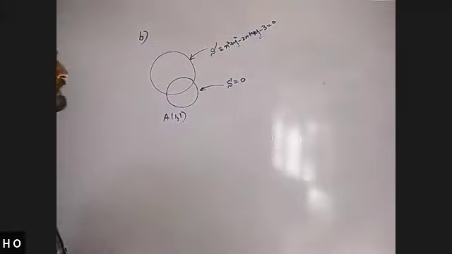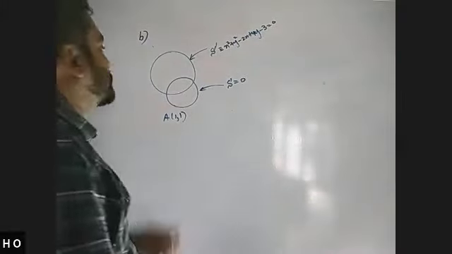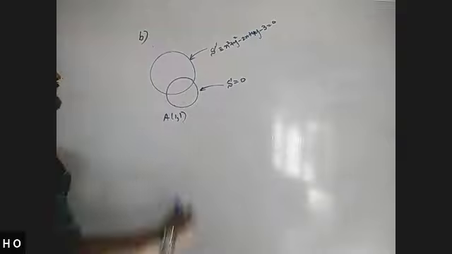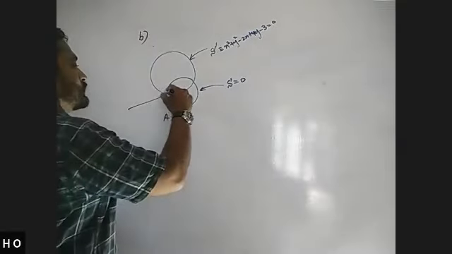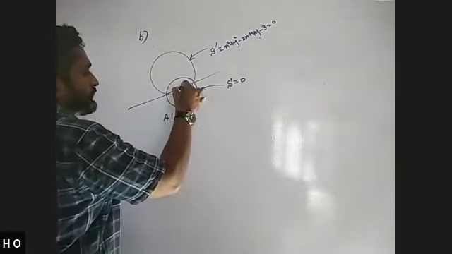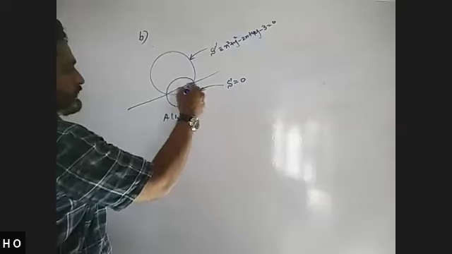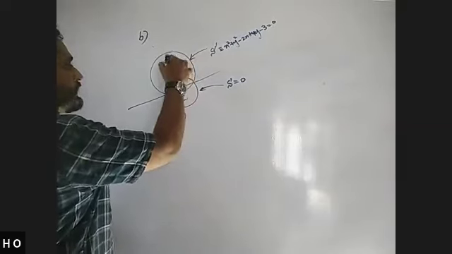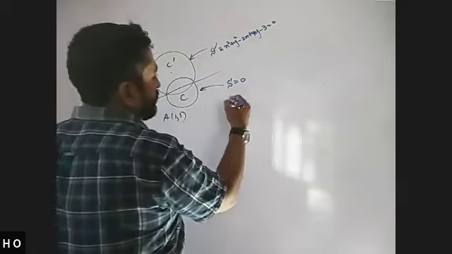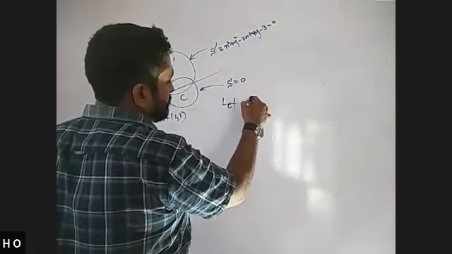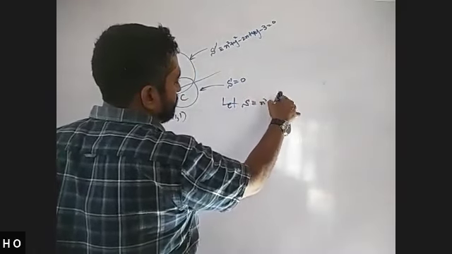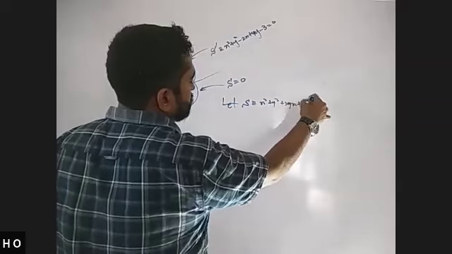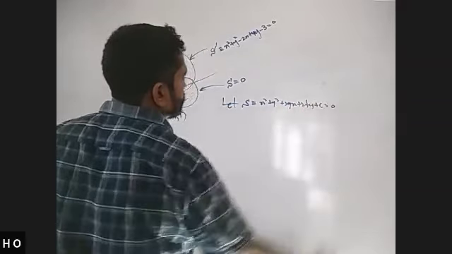By the way, in this bisection, the common chord goes through the center of the bisected circle. So let us say C is the center here and C dash is the center there. Let the circle S be x squared plus y squared plus 2gx plus 2fy plus c equals 0.